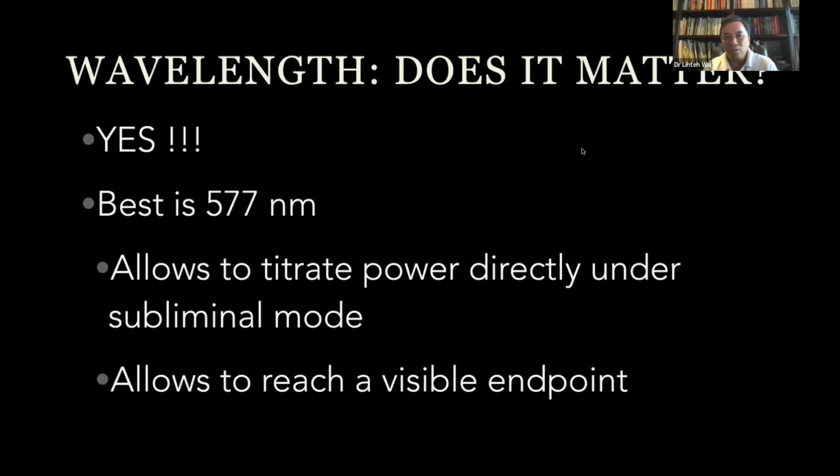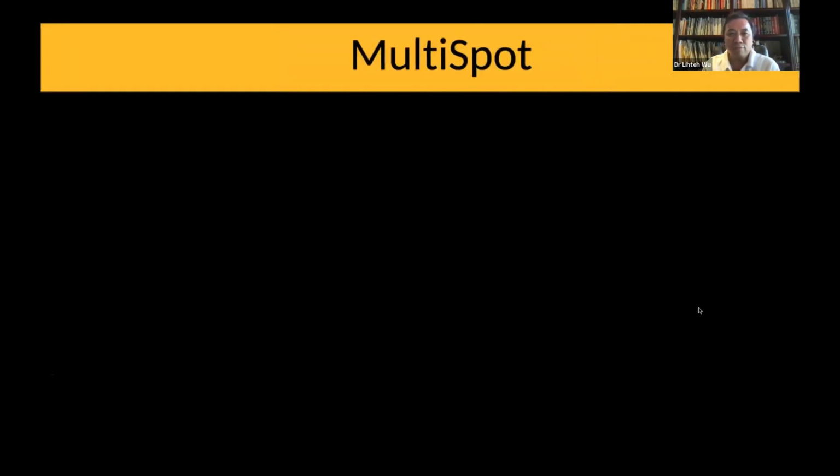But sometimes people forget, and you got into trouble because you were treating the macula with the full dose in the macular area if you forgot to do this. So it is safer to do that with the yellow laser, and you can titrate directly under the micropulse or the subliminal mode, making it safer.